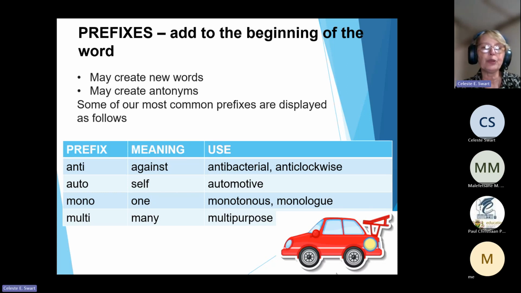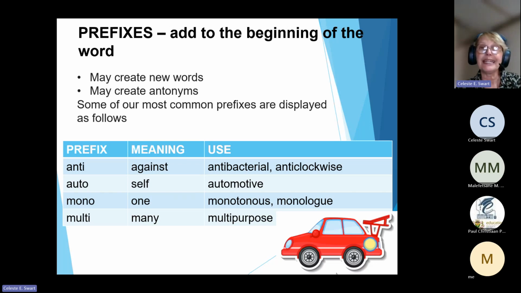So anti would mean it's against something, could be antibacterial, anti-clockwise. So anti means against, or not clockwise but in the opposite direction. Auto is self, automotive. Think of something like autobiography. Mono, one. Monotonous, monologue, where one person speaks.